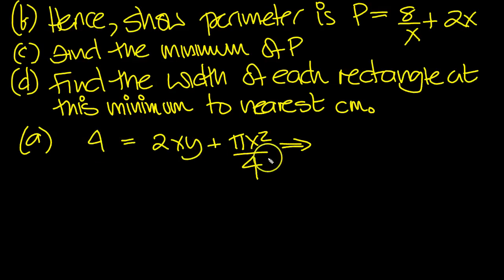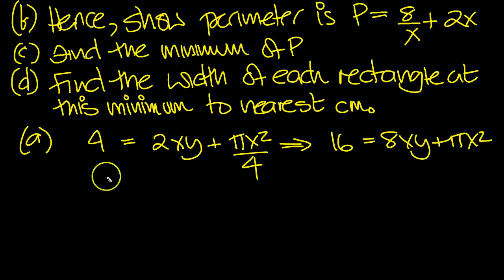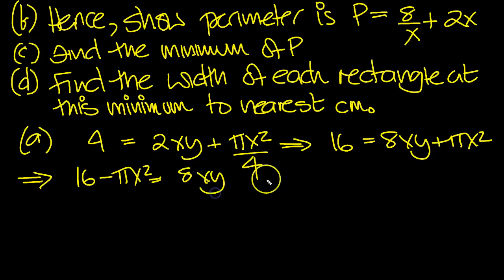Multiply by 4, so we get 16 equals 8xy plus pi x squared. I've scaled up the equation by 4. Now move the pi x squared over to be with the 16: 16 minus pi x squared is equal to 8xy.